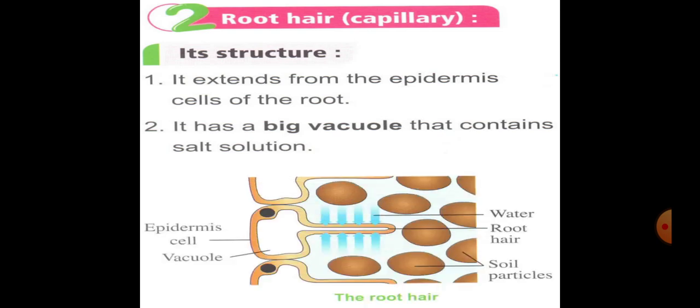The root hair has a big vacuole inside it that contains salt solution.